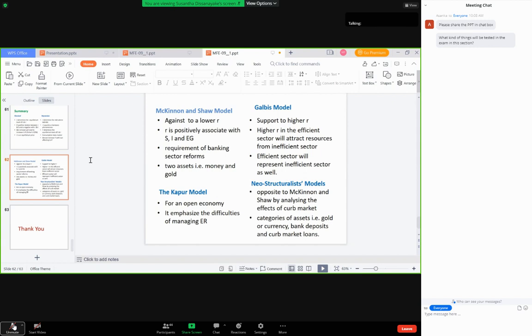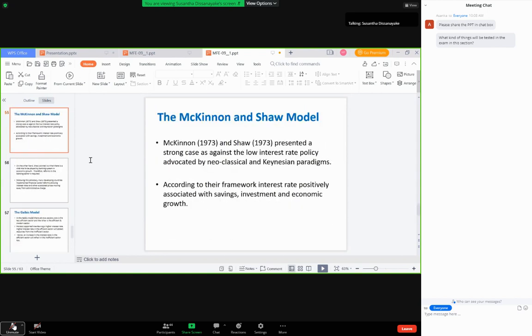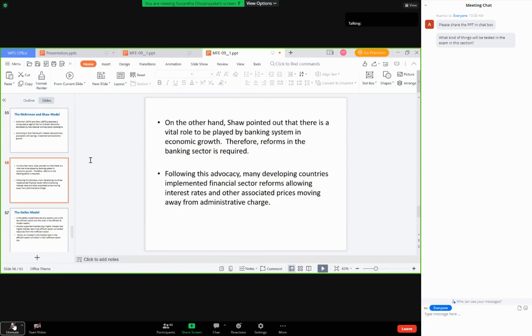When people save more and more, their argument is that the government can issue securities, borrow this money, and utilize it in various ways of government expenditure, which ultimately leads to the country's development. That's their argument in McKinnon and Shaw. You got the point? Yes, sir. That means government investment will go high, right? Not private, yeah.